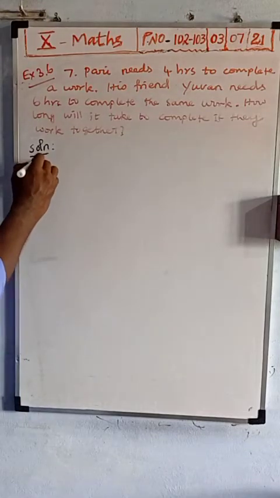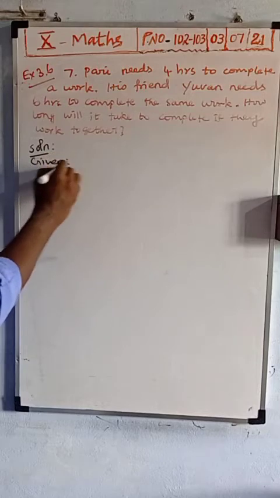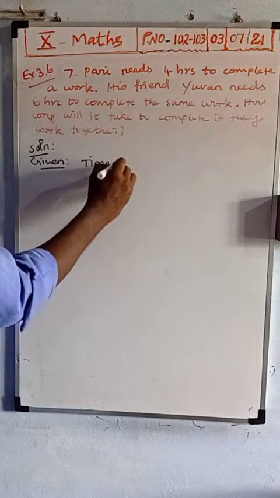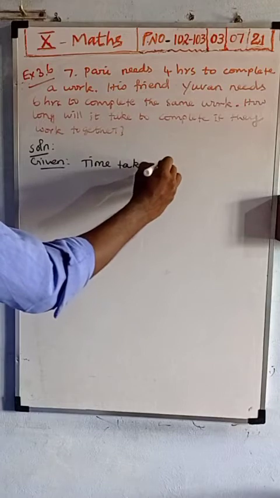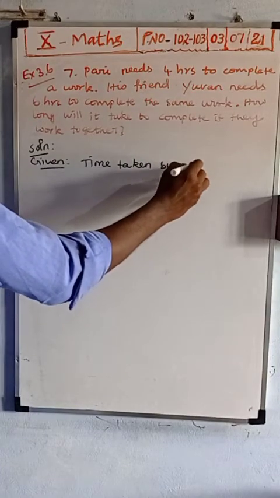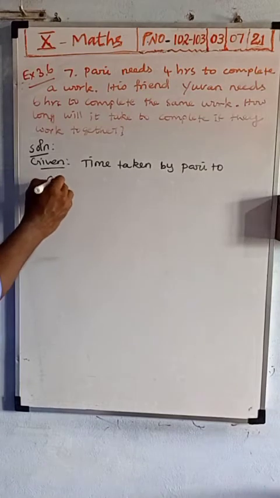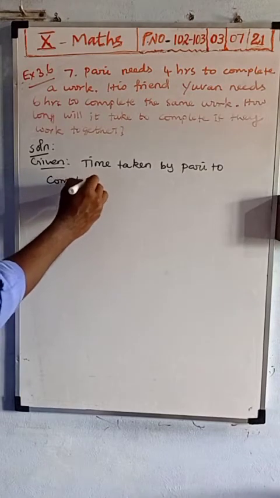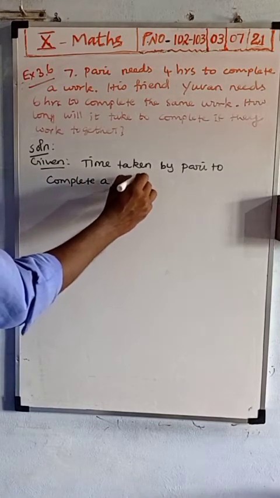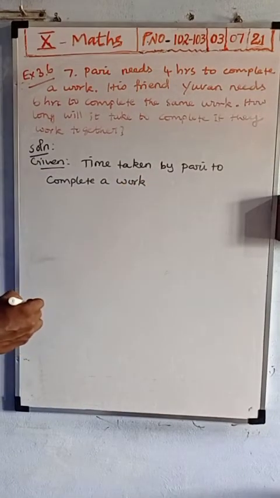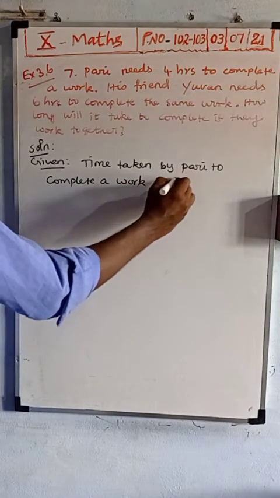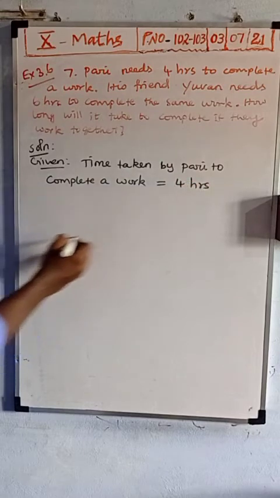First you should write, given that, time taken by Pari to complete a work. How many hours is he taking? 4 hours.